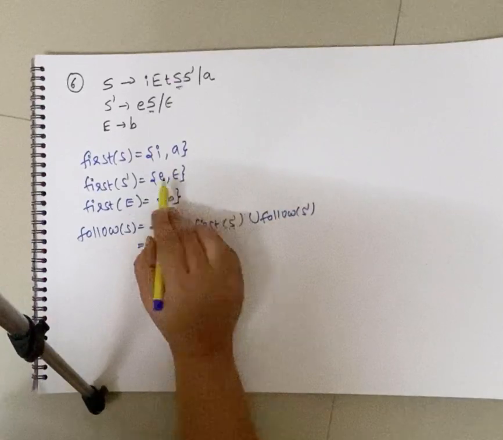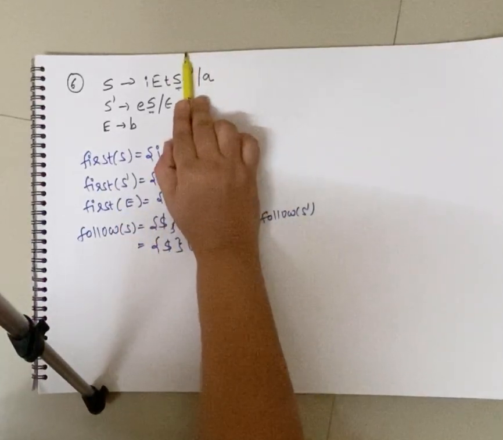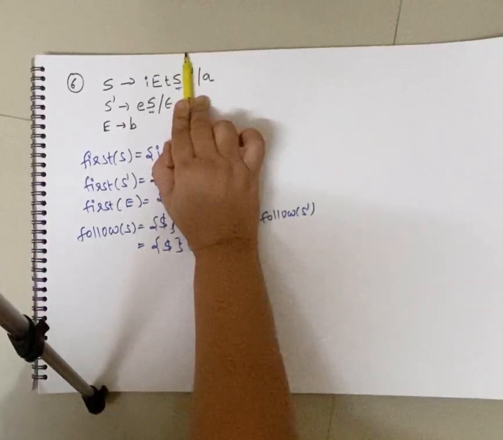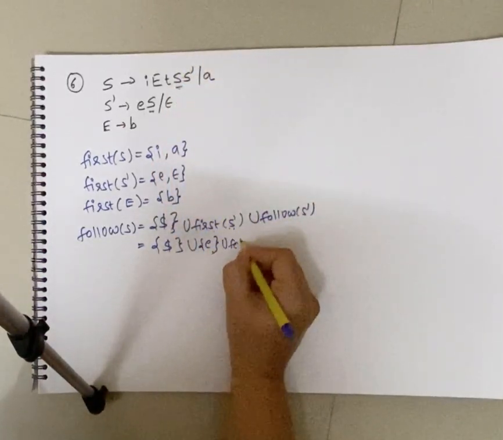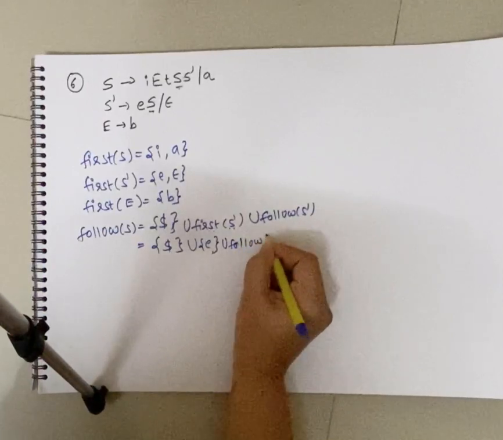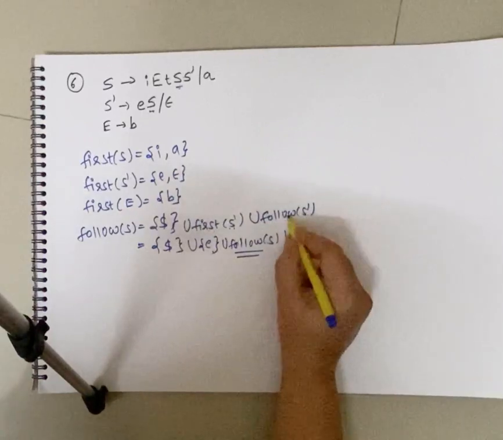So e is written as it is. But if first of S dash is epsilon, S dash is replaced by epsilon, so after S you have nothing. So follow of S is going to be follow of S, a recursive definition. So we'll ignore this.